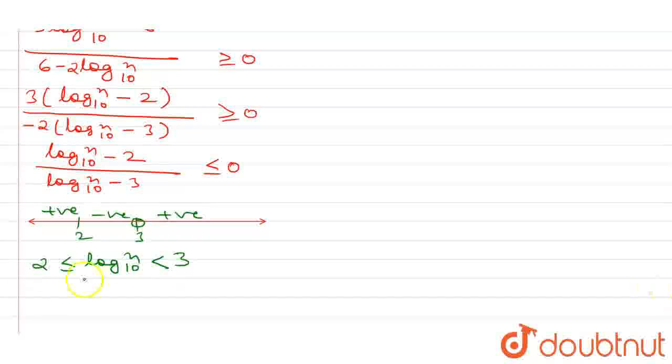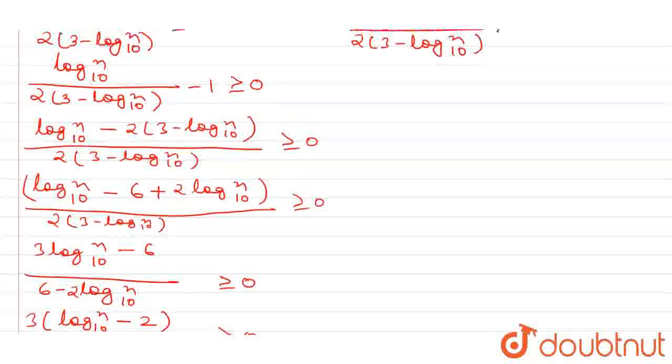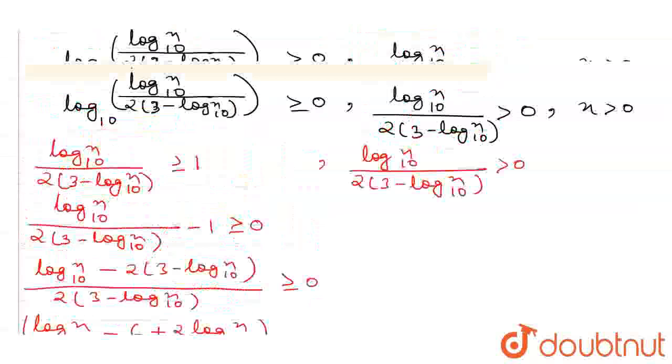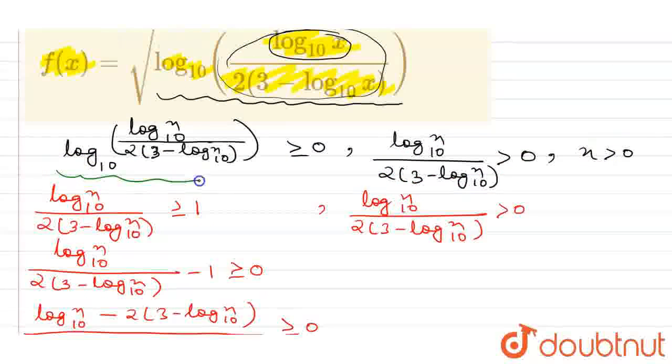So from here I take the antilog, so it is 10 power 2 is less than or equal to x is less than 10 power 3. So this is the domain of this function. And I have to find the domain of this also.